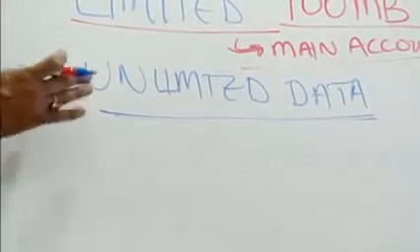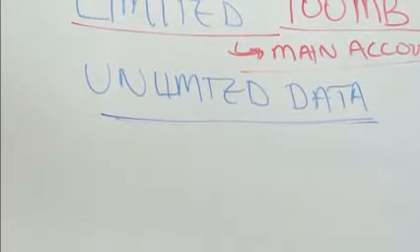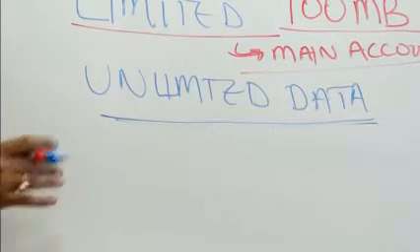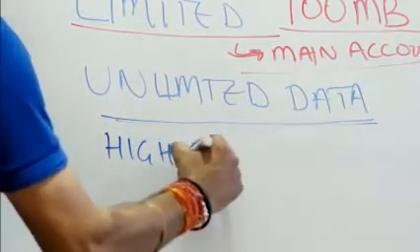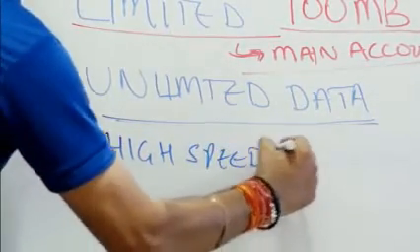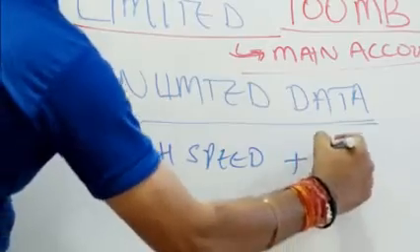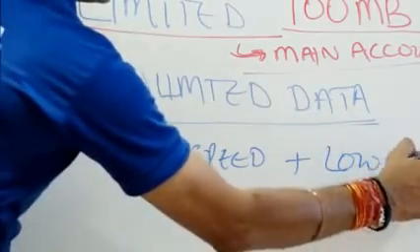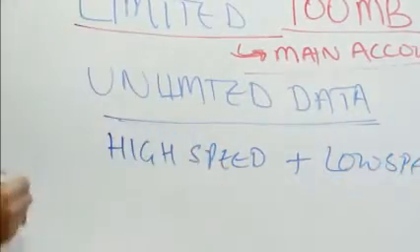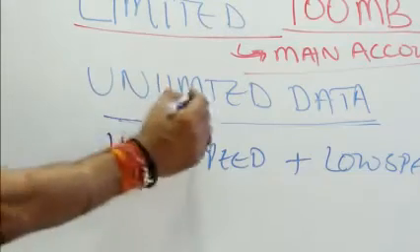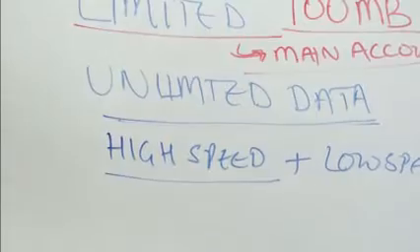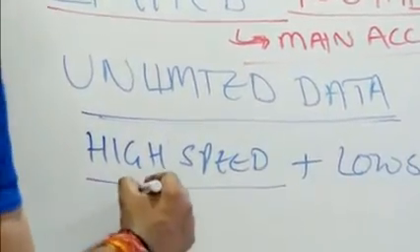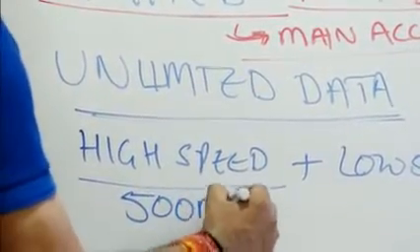On an unlimited pack, it is actually a fair usage policy. So for unlimited data, there are two components: high speed plus low speed. If you have taken a data pack, there will always be a high speed quota in this. Suppose you have taken a 500 MB pack.